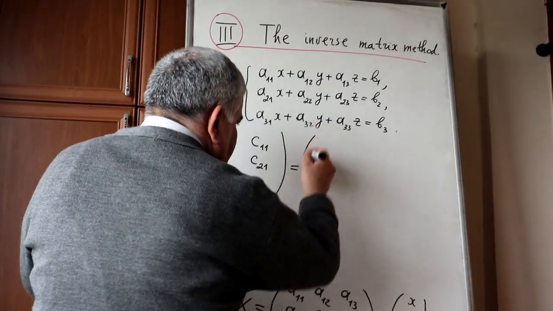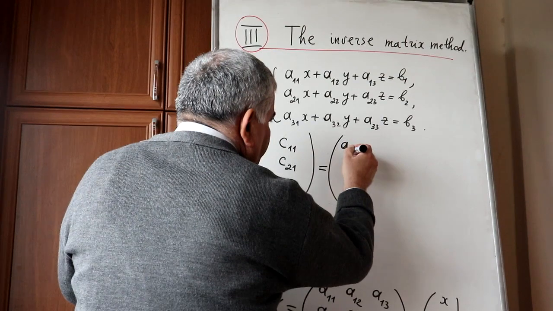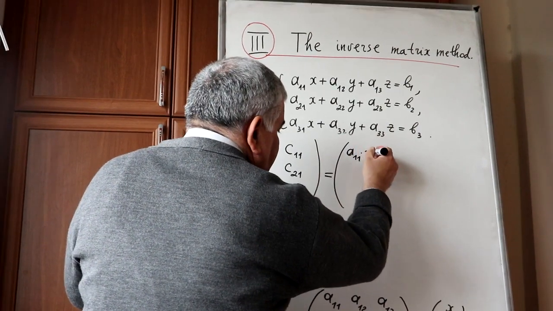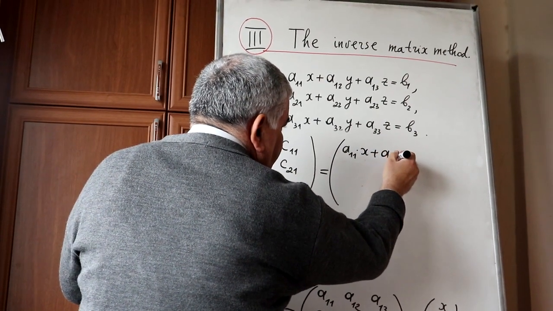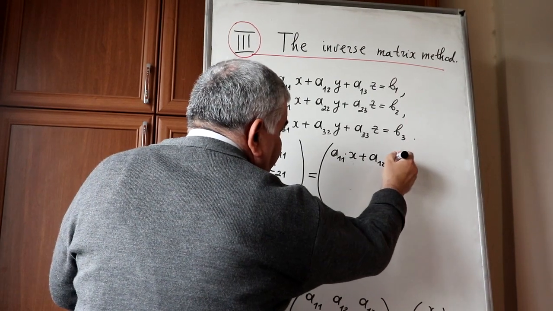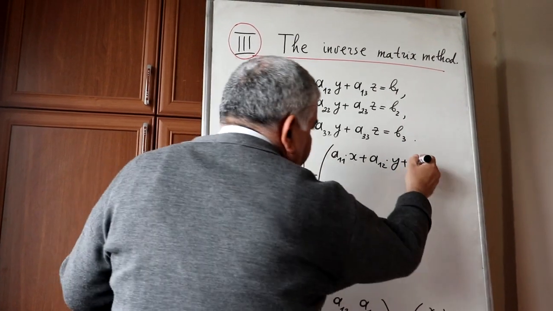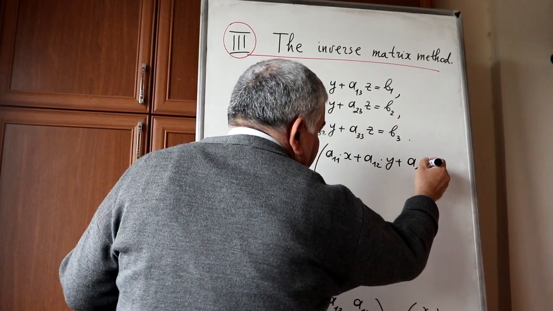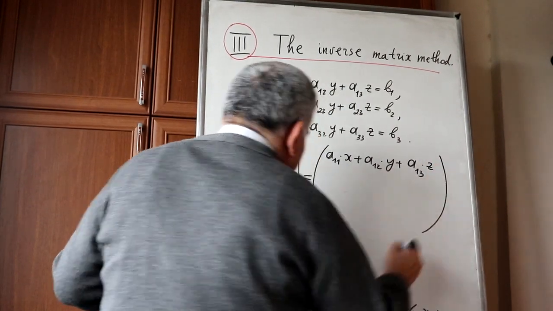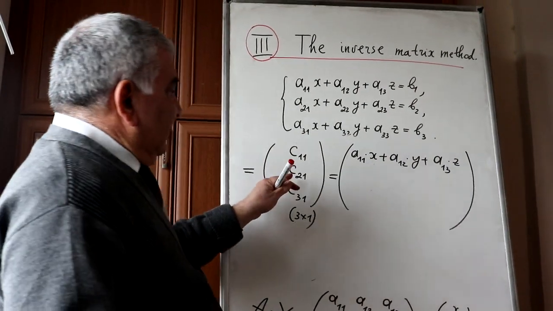It means a11 multiplied by x plus a12 multiplied by y plus a13 multiplied by z.